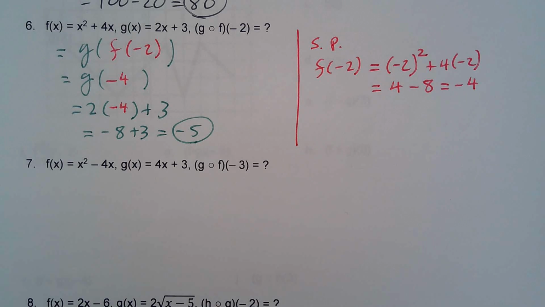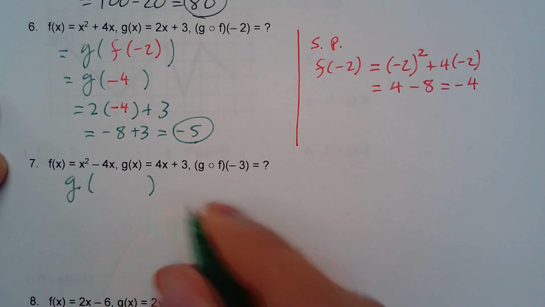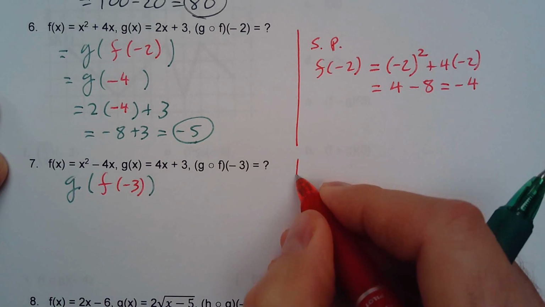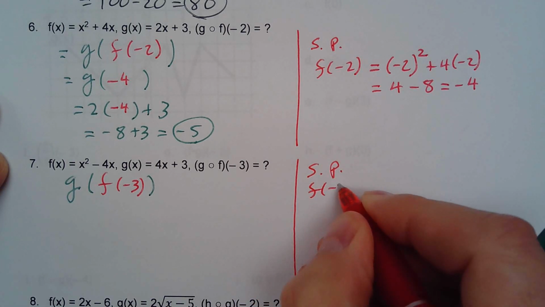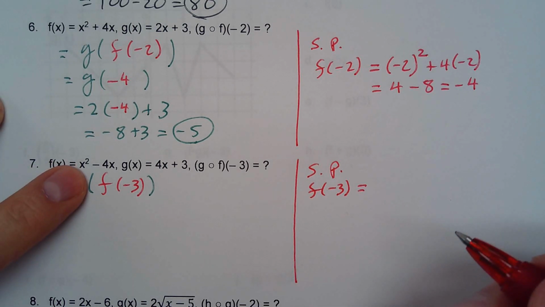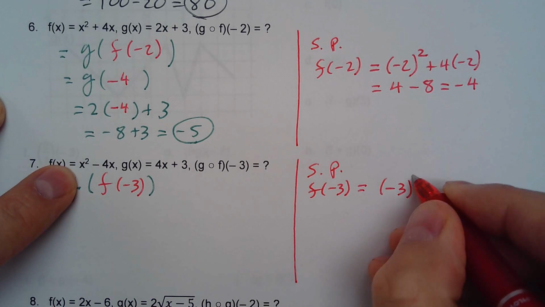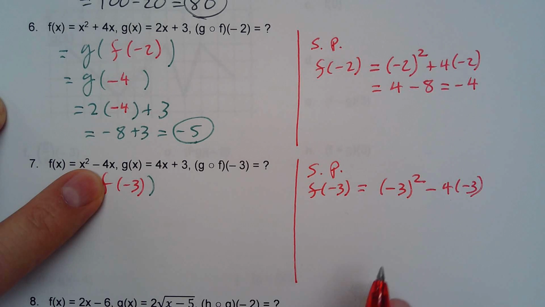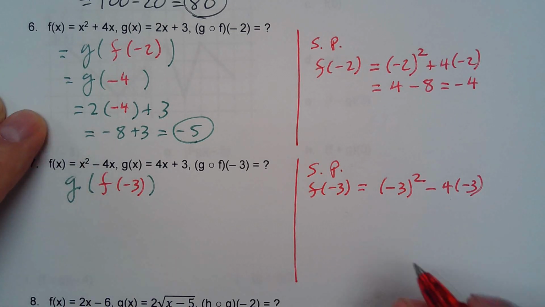So here's another example of composition. F is my inside function, so I'm going to find f of negative 3 first. And here we're doing almost the same thing, right? Except we have a minus here that we didn't have in number 6. That's okay, we'll go ahead and do it. So this would be 9 plus 12.